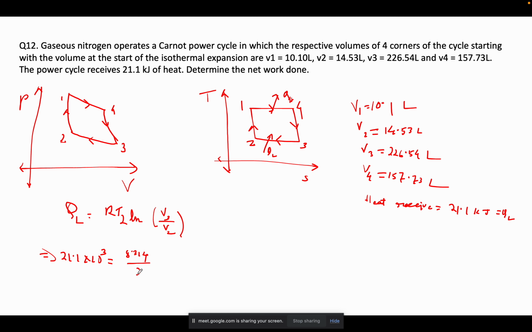Sorry, I have converted this to kilojoule, so I have to multiply this by 1000. For nitrogen, this will be basically 8.314 divided by 28 into T2 into ln V3 by V2, so ln of 226.54 divided by 14.53. So from here you will get T2 is equal to 25.87 Kelvin.